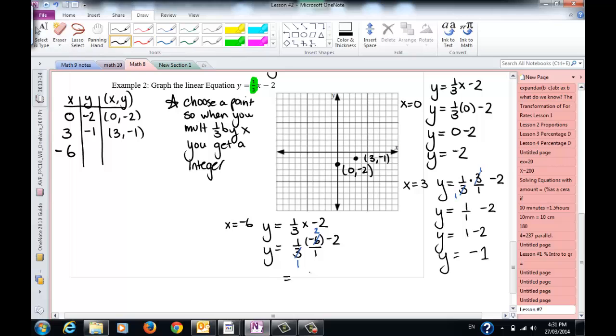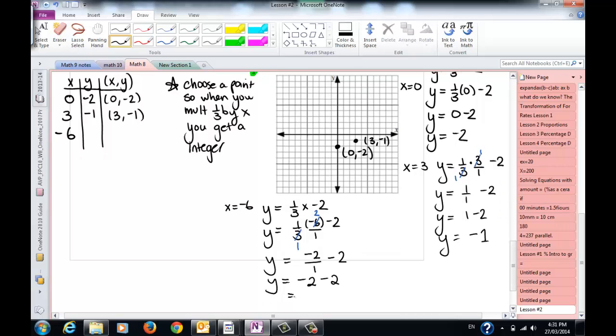So I end up with, on the top I have negative 2, on the bottom I have 1. Now really, negative 2 divided by 1 is just negative 2, minus 2. And I get negative 2 minus 2. They're going in the same direction, so we get negative 4. So when x is negative 6, I get y is negative 4.